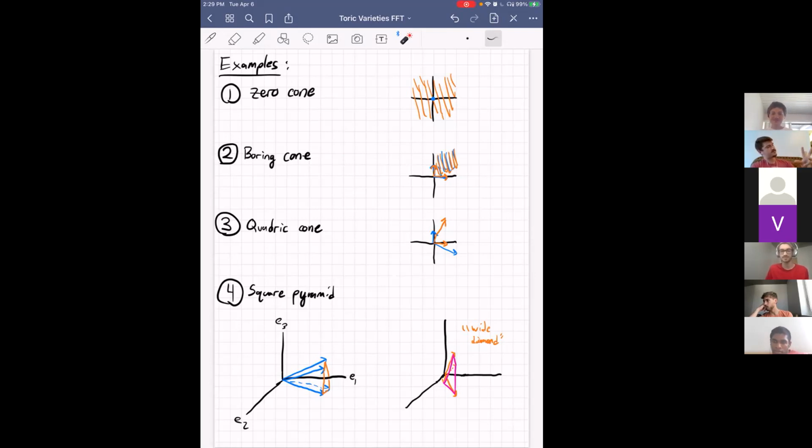In the square pyramid case with the diamond, the square before you do the dual operation, is that inscribed into the diamond, and that's what you end up getting?